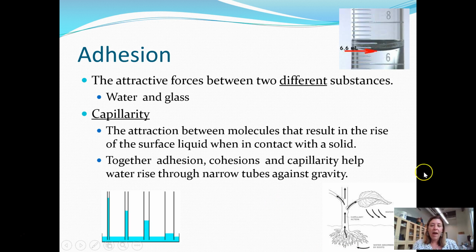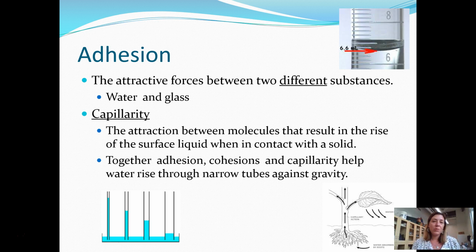As water is evaporated from the surface of a plant, from the leaf here, because of adhesion within the stems and cohesion keeping the actual water molecules together, as the water molecules are evaporated from the surface, they pull the other water up through the stem from the roots of the plants.